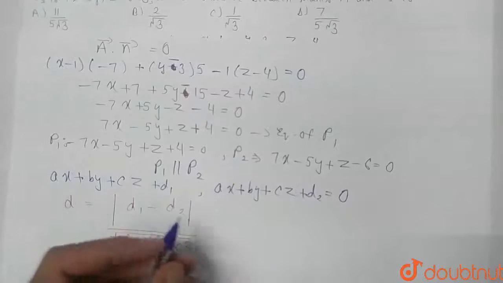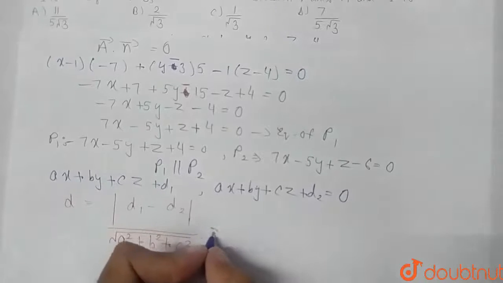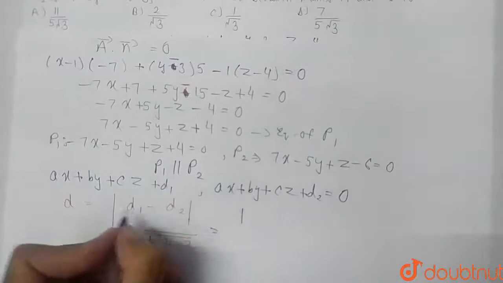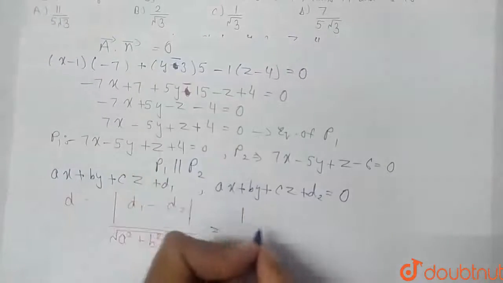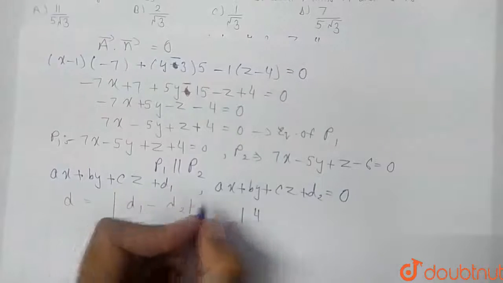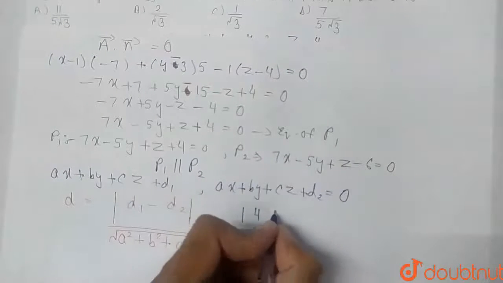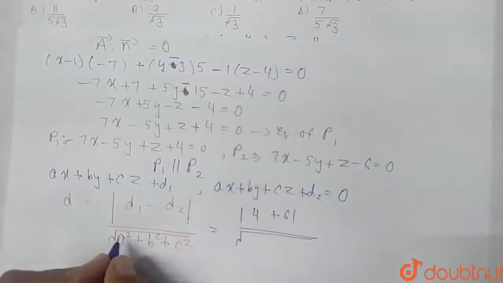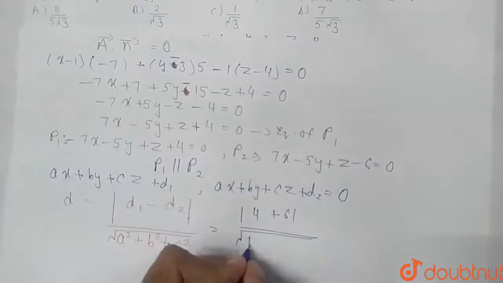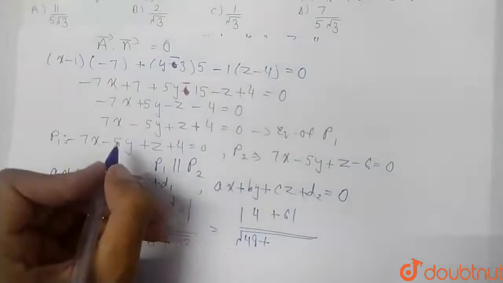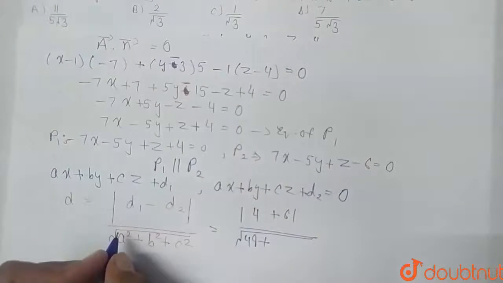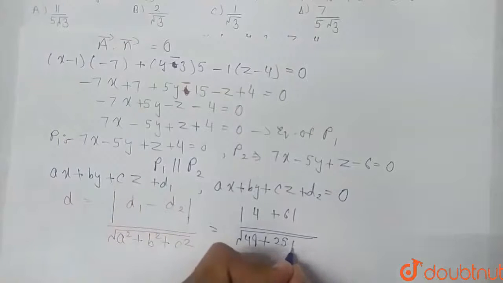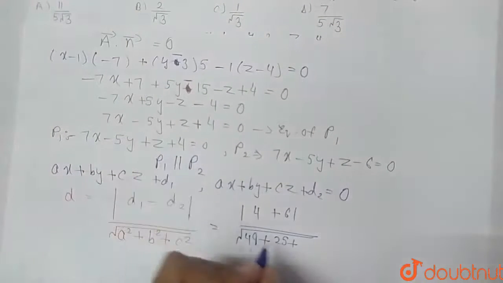So here we have all the values. We put d1 minus d2, where d1 is 4 and d2 is minus 6, so minus minus plus, this is 4 plus 6, divided by the square root of a square. A is 7, so a square is 49, plus b is minus 5, so b square is 25, plus c square, c is 1, so this is 1.